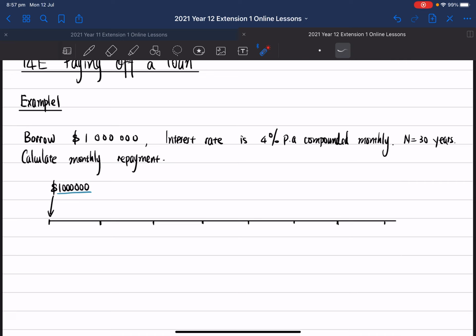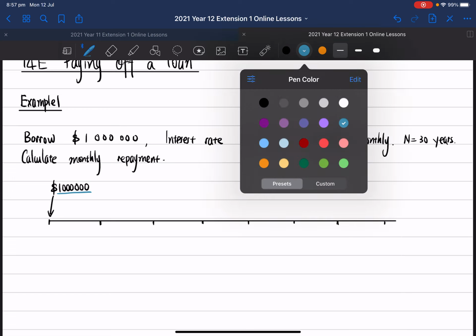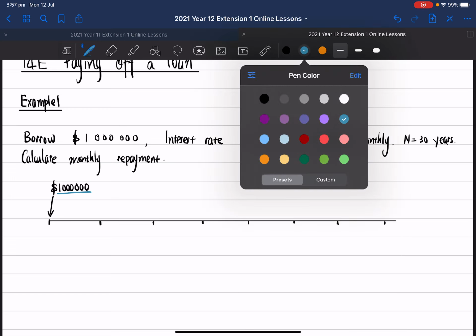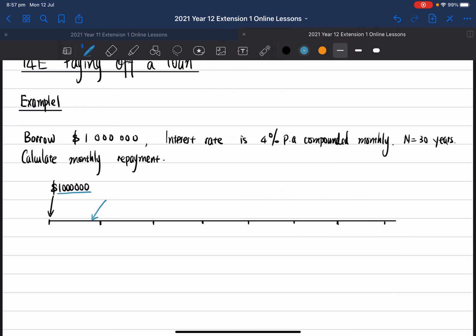So what really happens here is at the end of the first month, you're going to have that $1 million plus the interest. That's how much you still owe to the bank now. So it's not 1 million. It's actually 1 million plus the interest before you make the first repayment.